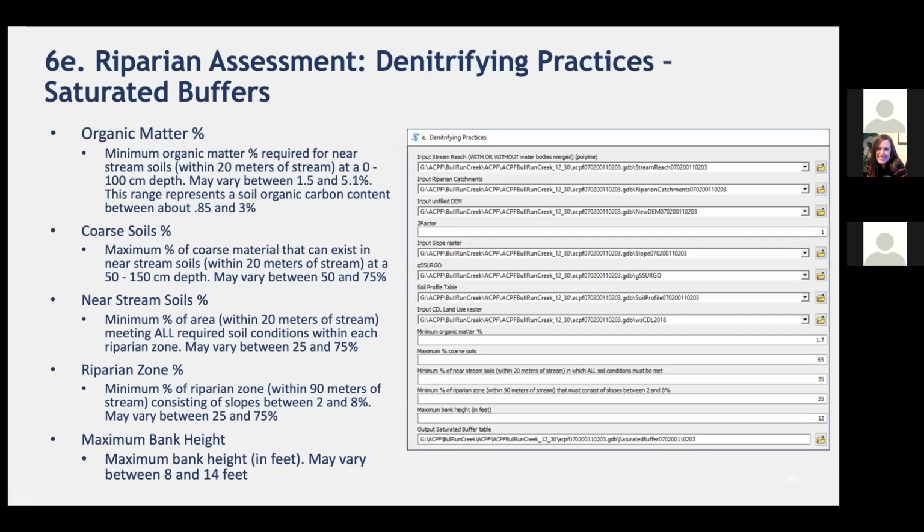We also want to think about coarse material that can exist near streams, and then thinking about those soil conditions in that particular riparian area. We also want to think about the maximum bank height, which can vary between 8 and 14 feet. So the user can set those thresholds. And again, I would encourage folks to look at the conservation practice standard if saturated buffers are available in the area that you're in.